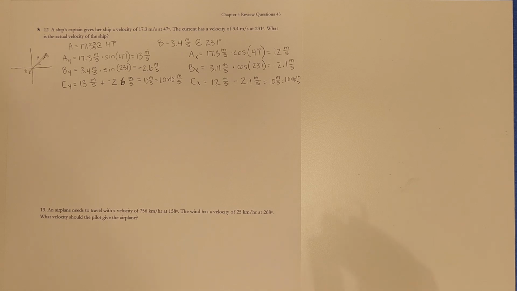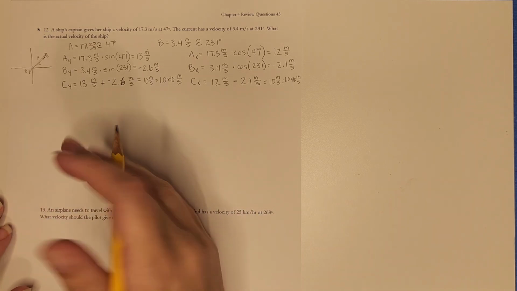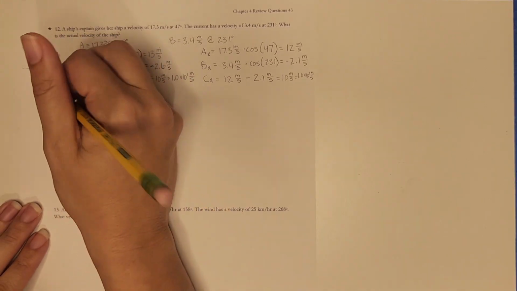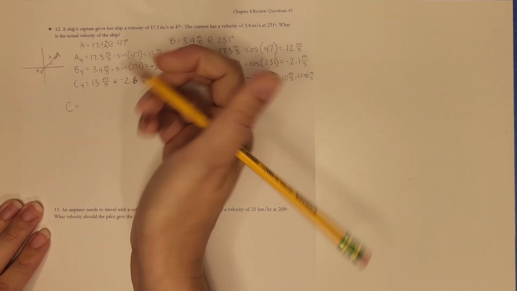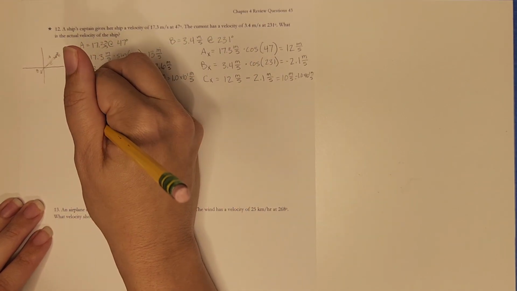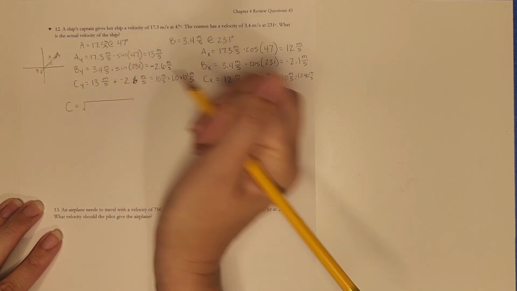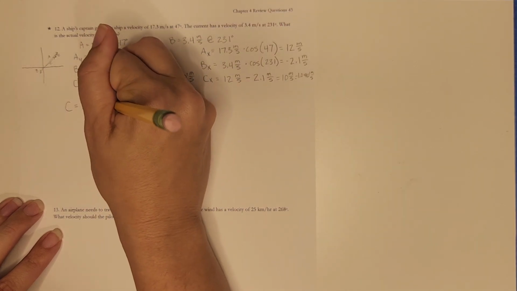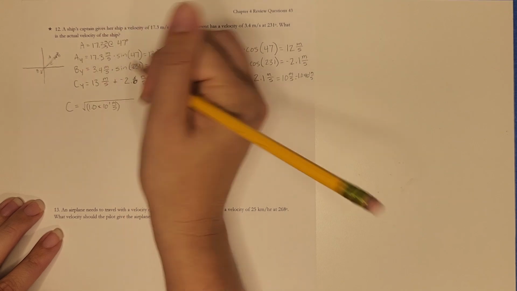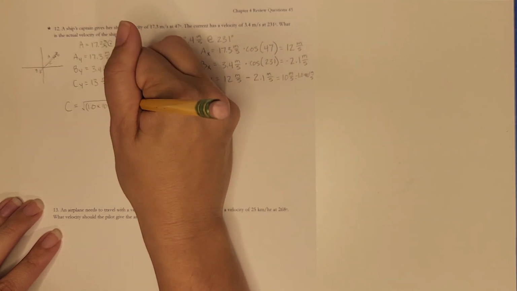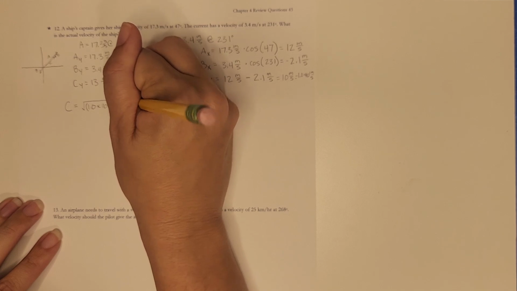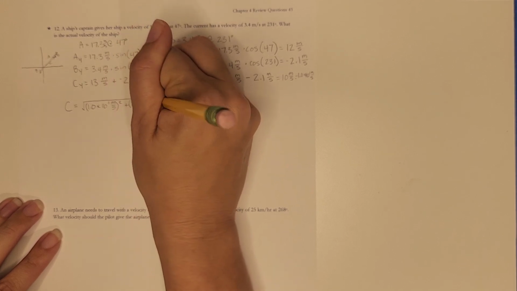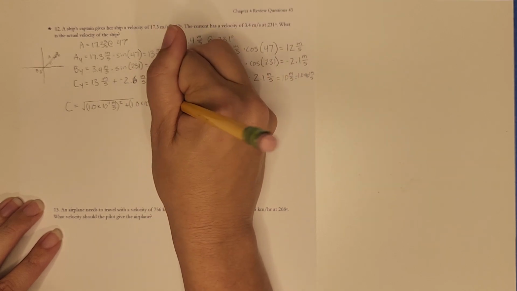Now I can determine the actual velocity of my ship, C, and the angle. I'm going to use equation 4.4 to determine the velocity, which is just our equation for determining the length of a hypotenuse, right? So I have 1.0 times 10 to the 1 meters per second squared plus 1.0 times 10 to the 1 meters per second squared.